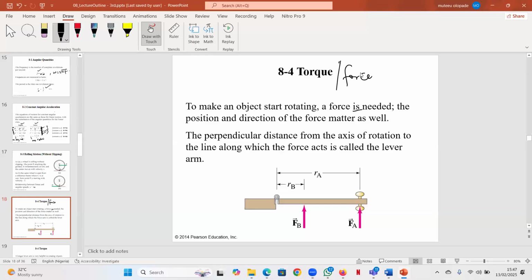Those in engineering, you see them, what is the torque on the object? So that means the force. So to make an object start to rotate, maybe about a fixed point.